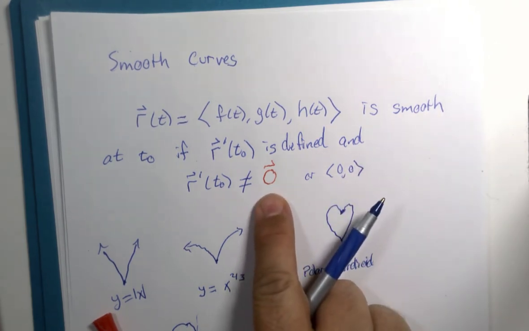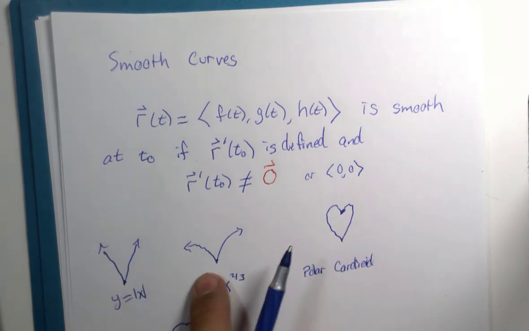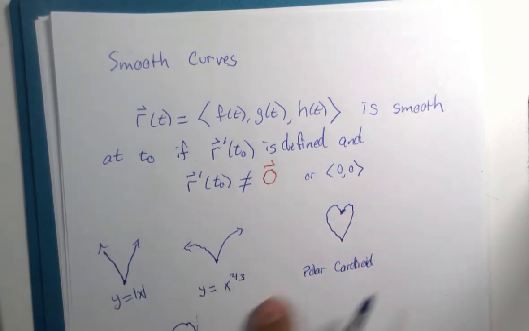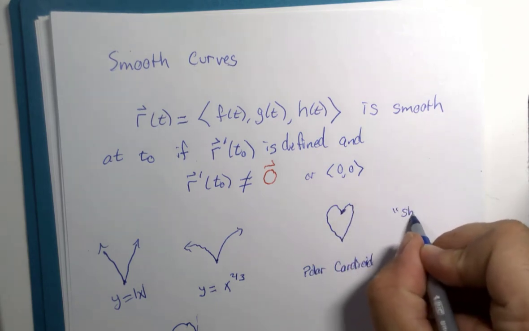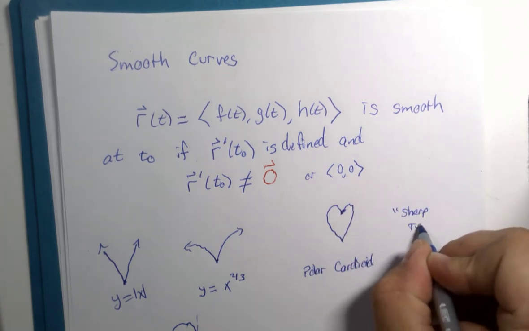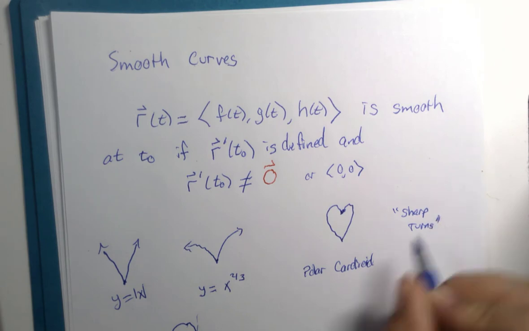This zero vector would be an instance where you would see these not smooth points or sharp turns when that takes place.